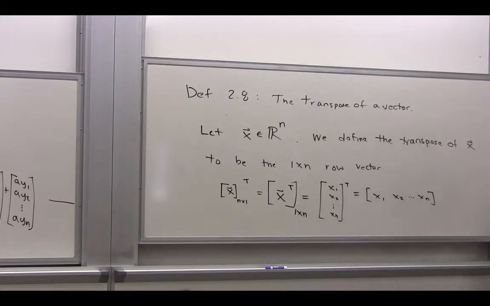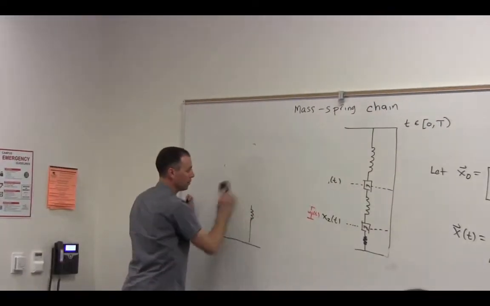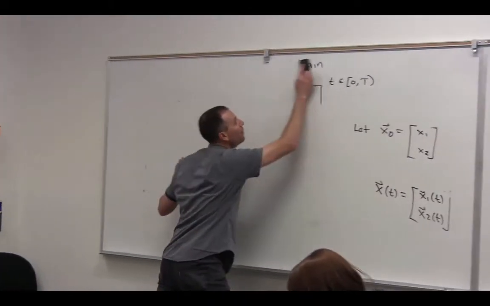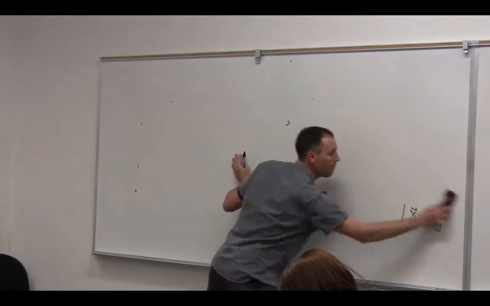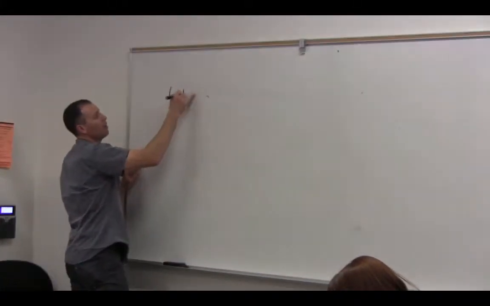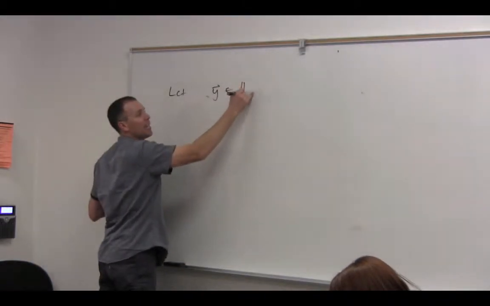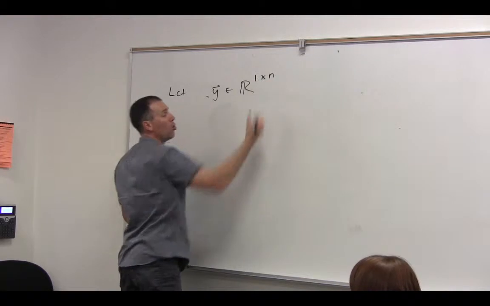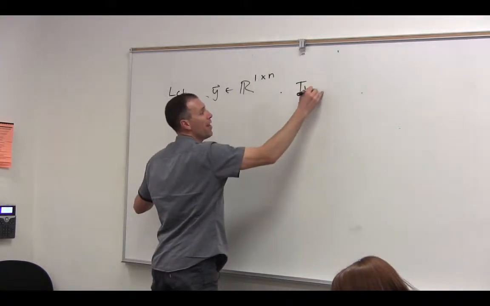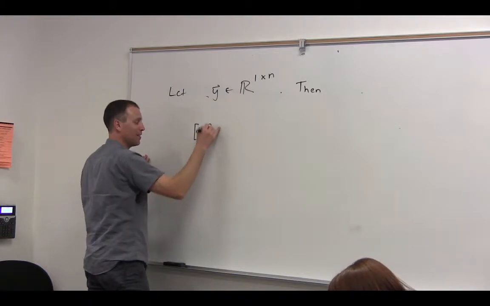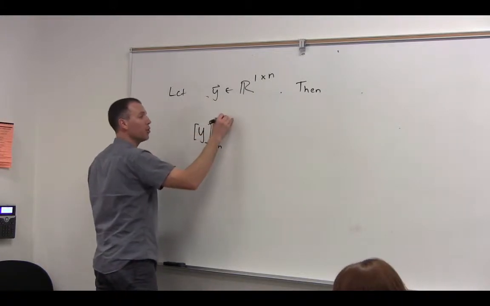Could you guess what we say about the transpose of a row vector? Let's take a look. Suppose y is an element, instead of a column vector, let's turn it into a row vector, 1 by n.